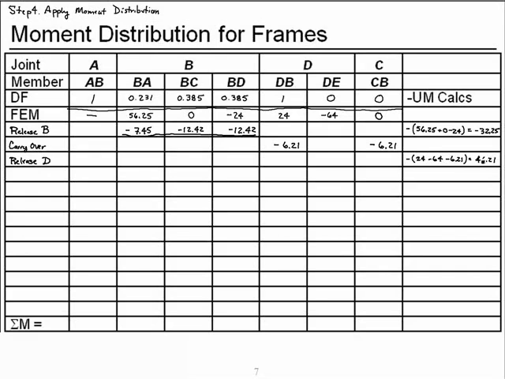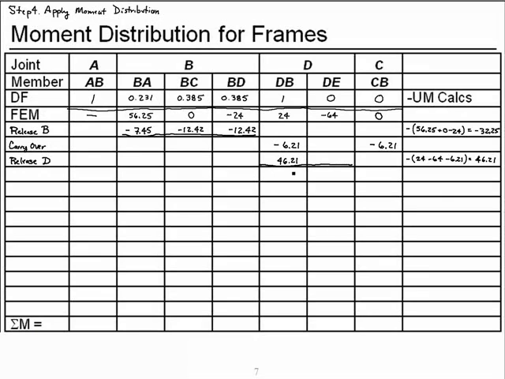And so we take this quantity times the distribution factor 1, and we get 46.21 goes into member DB. None of it goes out into the cantilevered end, and now node D is in equilibrium.